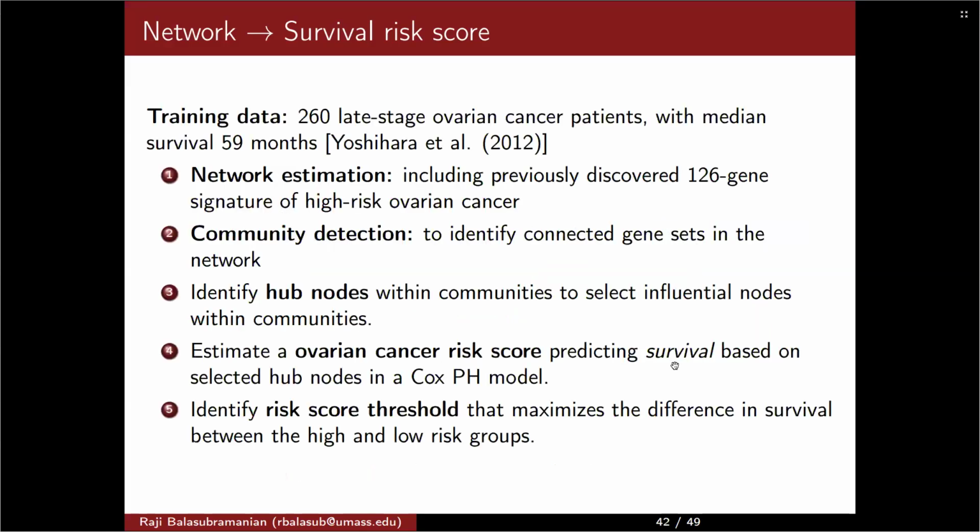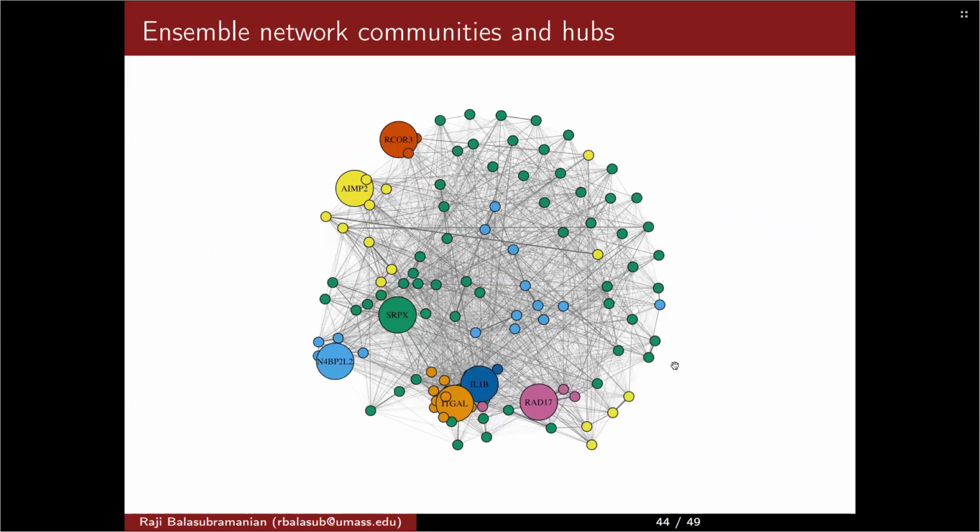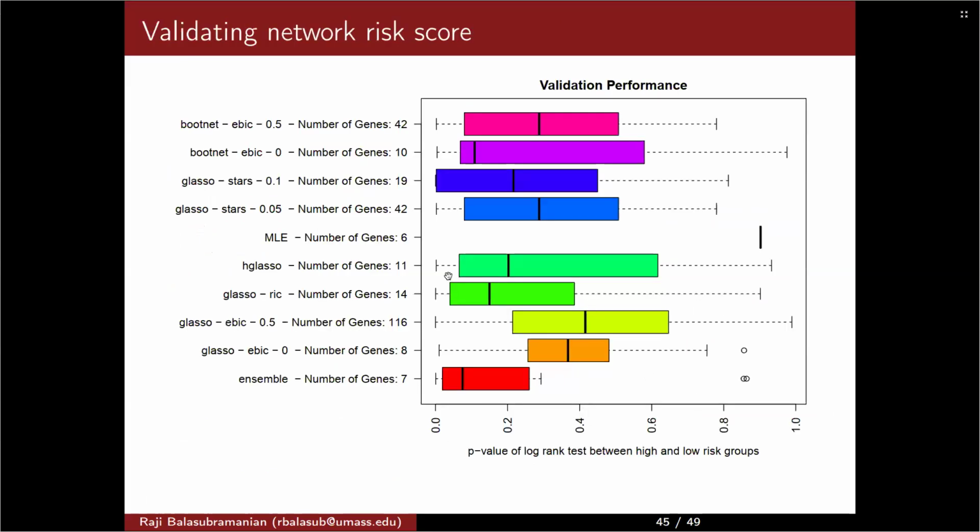So when we take that into our validation data set and compare our low risk versus high risk individuals, this is the result that we got. Let's focus on the bottom bar graph. The x-axis is p-value, for comparing those who are called low risk to those who are called high risk.